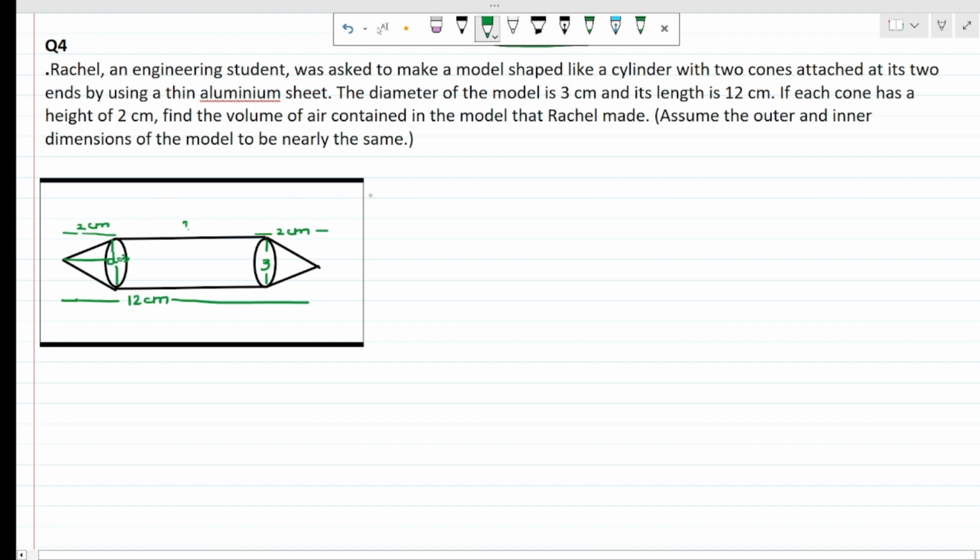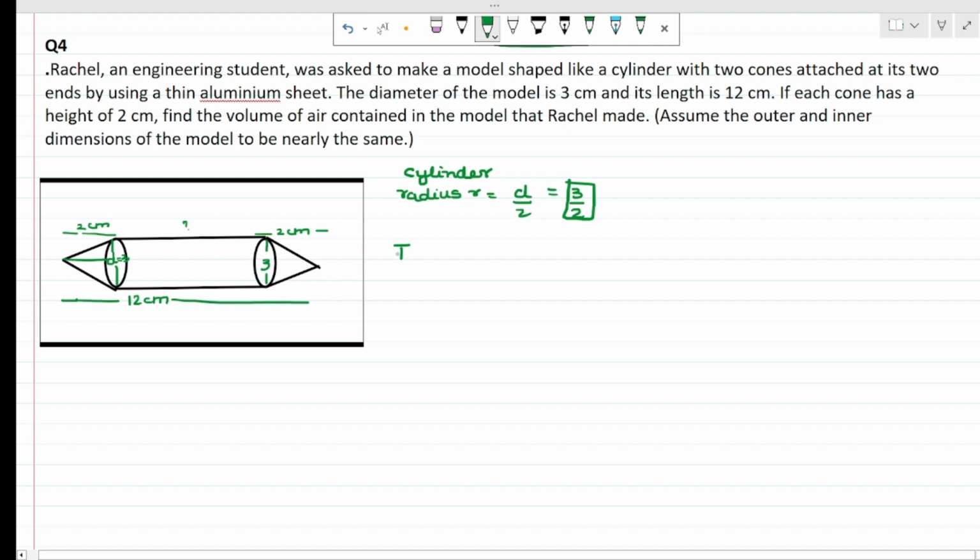First of all, write down the values given. For the cylinder, the radius r is diameter upon 2, so the radius of the cylinder will be 3 upon 2. The heights of both cones are given as 2 centimeter each.